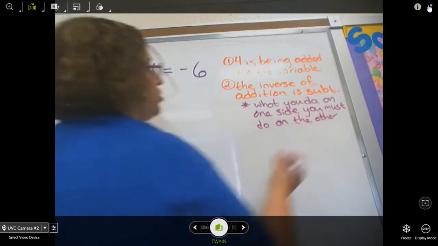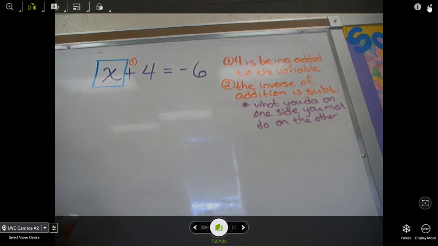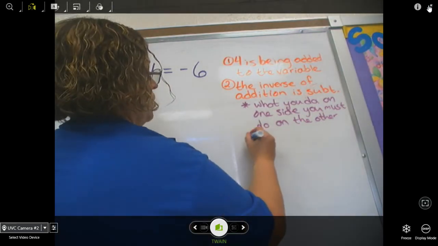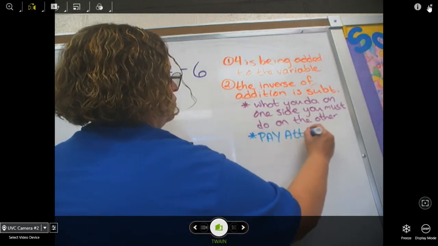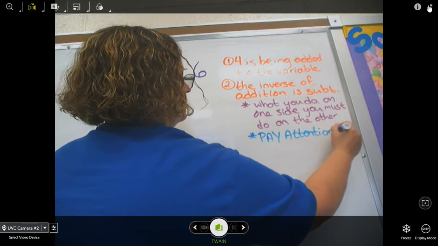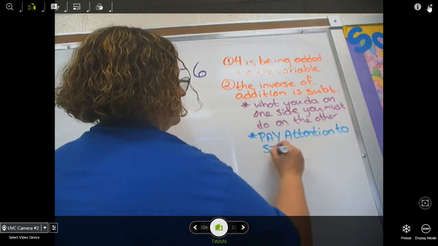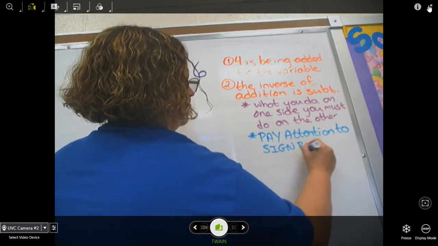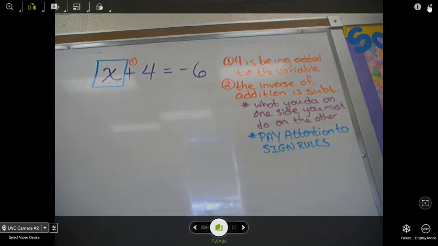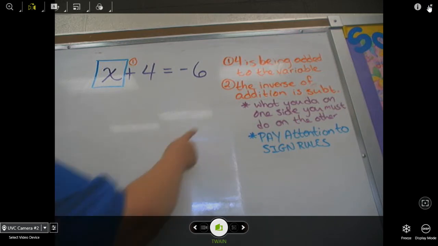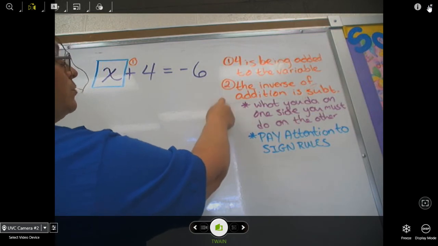Okay? And pay attention to sign rules. All right? So what you do on one side, you must do on the other, and you pay attention to sign rules. So the inverse of addition is subtraction.